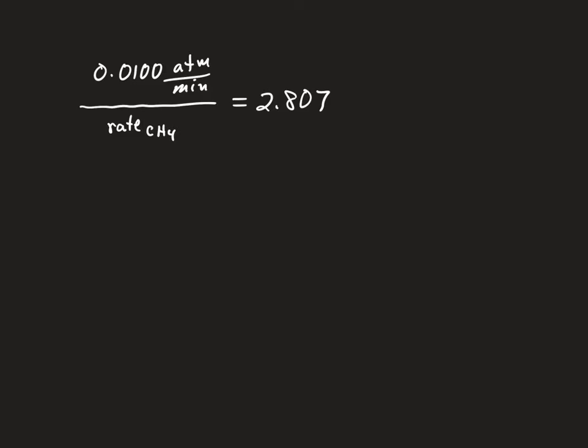So if we multiply through by the rate of methane effusion, we get that 0.0100 atmosphere per minute equals 2.807 times the rate at which methane effuses.